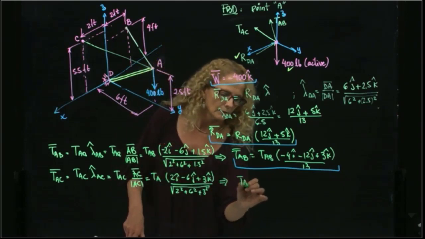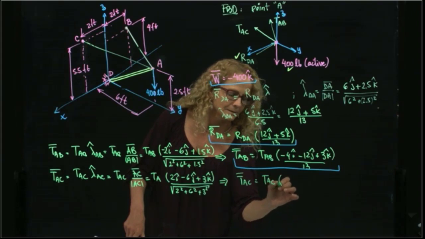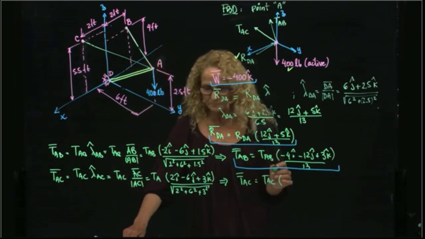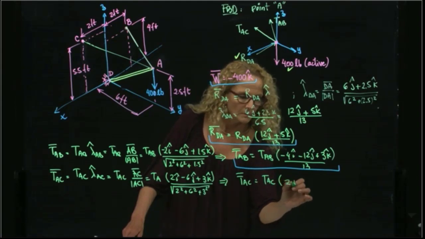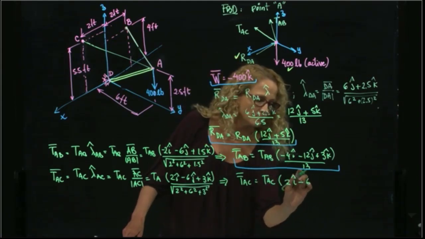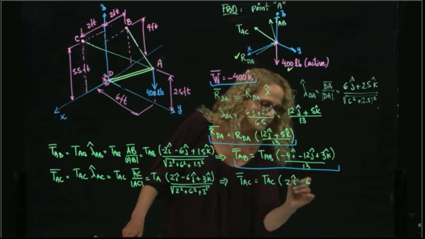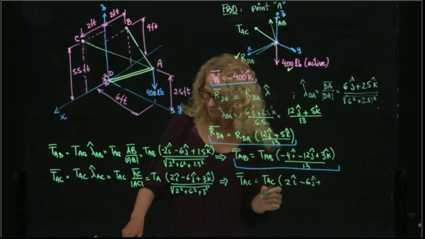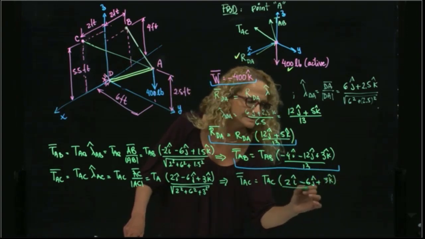So that doesn't give me any decimals, so I don't have to multiply by 2. So AC, as a vector, equals TAC multiplied by 2 positive, plus negative 6 in J, plus 3 in K, all divided by 7.